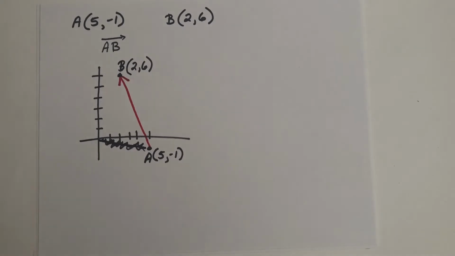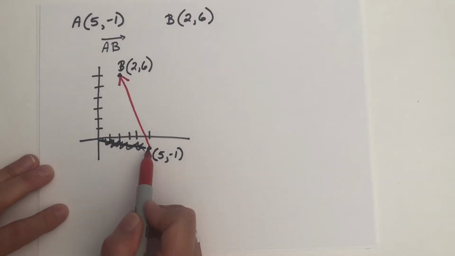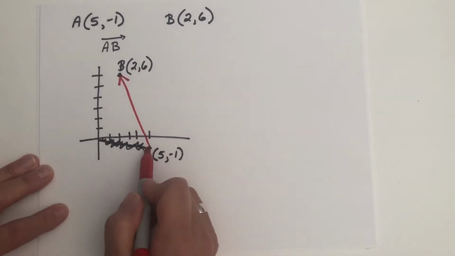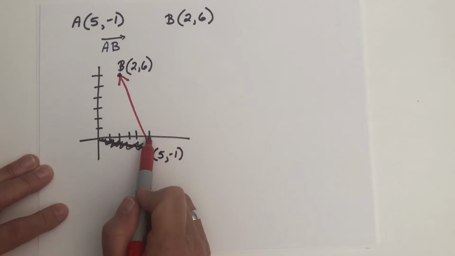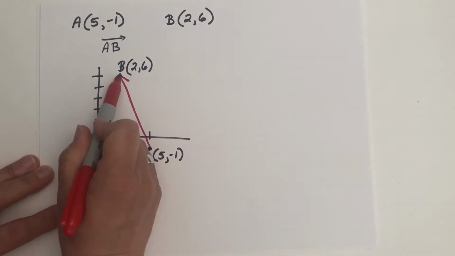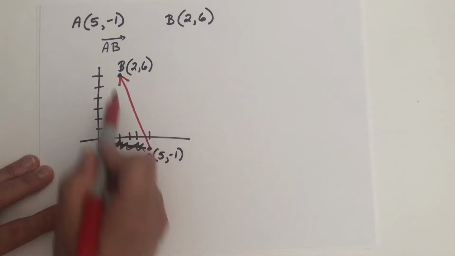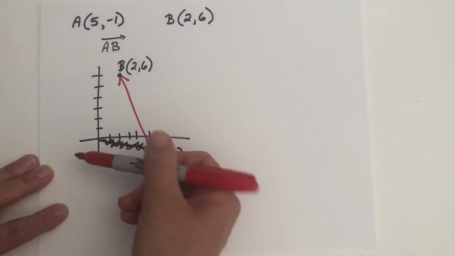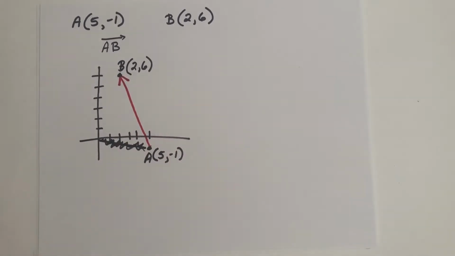Well, notice if we look at the picture, we can find the components. I can just count, even though I have to look past all that scribbling I did right there. I'm over here at 5. Notice the terminal point is here, so to get to this point from here, I would go left 3. So the x component is -3.